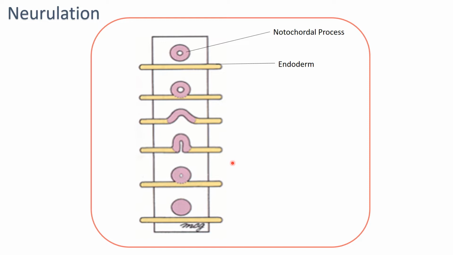And that is, in fact, the notochordal process. In those early days of development, the notochordal process is going to continue growing in a cranial direction, and by the time we get to, say, the 20th day of development, the notochordal process will start to fuse with the endoderm that is right under it.